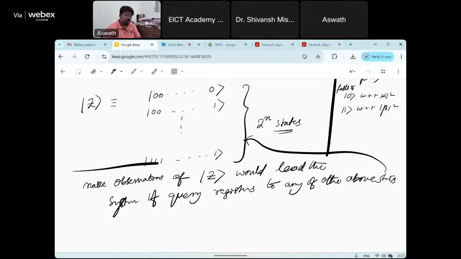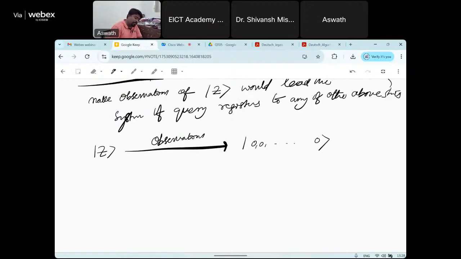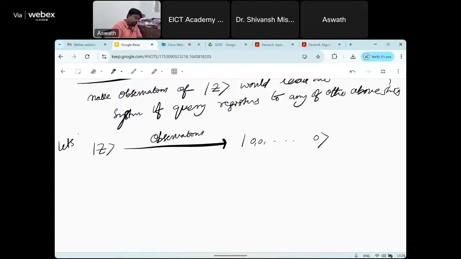Okay, right? So let's take a case where, let's say, Z observation, if you make, it falls to 0 0, n zeros. What I mean by that is, let's take, very careful, this is very important.